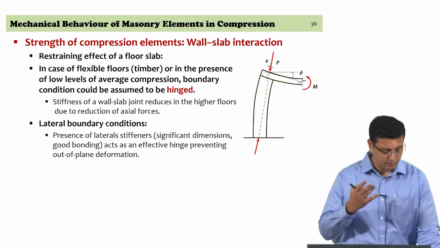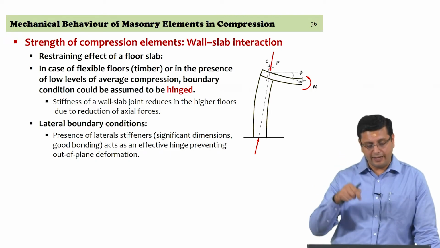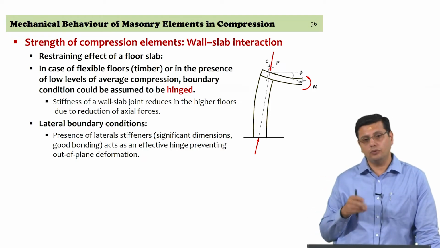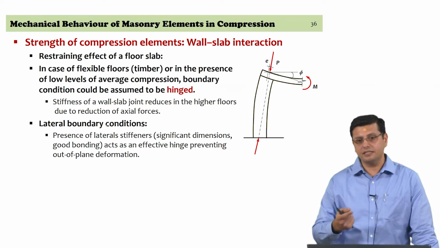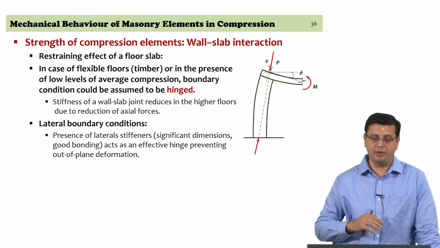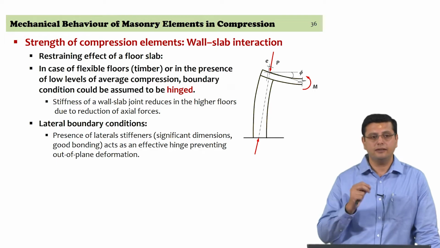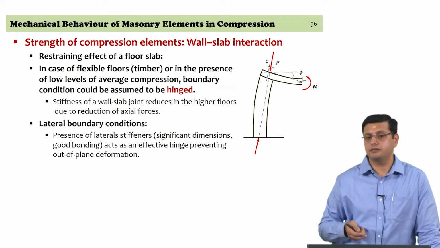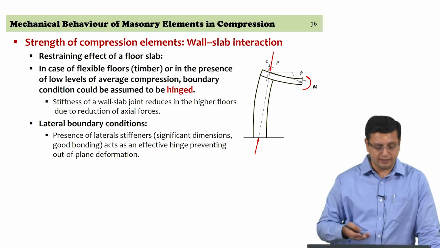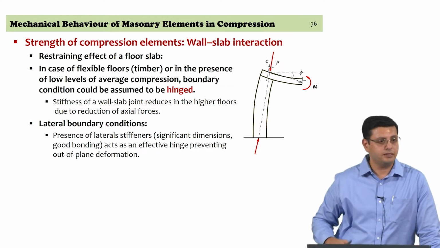So, you are examining the wall and it is under axial forces, but now if the return walls are well bonded to the wall under examination, there is an additional resistance that is available to this deformation by the return walls, and it depends on how well the wall is bonded to the return walls. It then depends on whether you want to consider this effect and whether the effect is actually having a significant role to play in the vertical load carrying capacity of the wall.